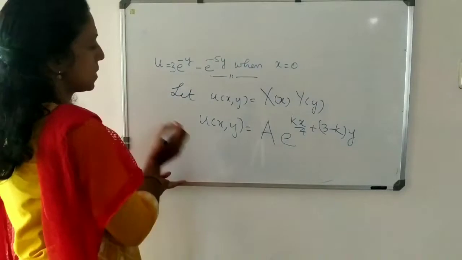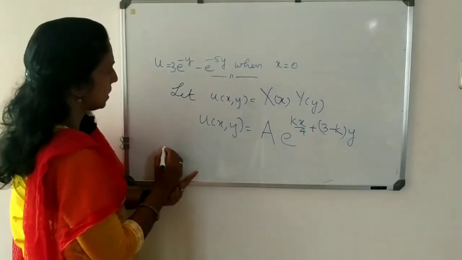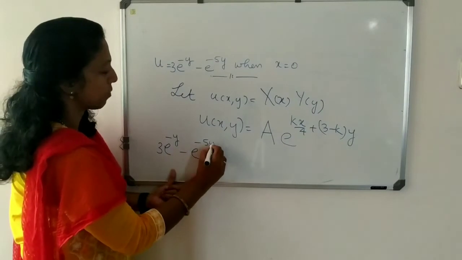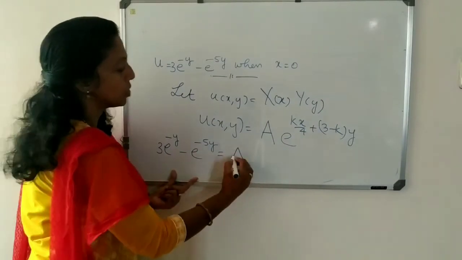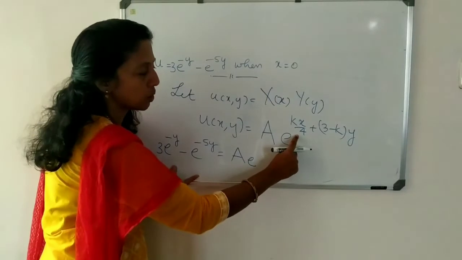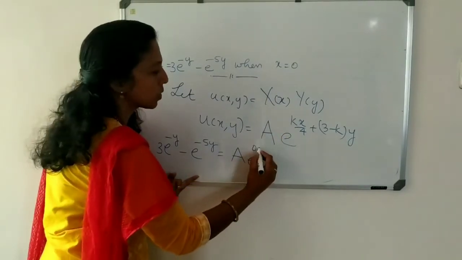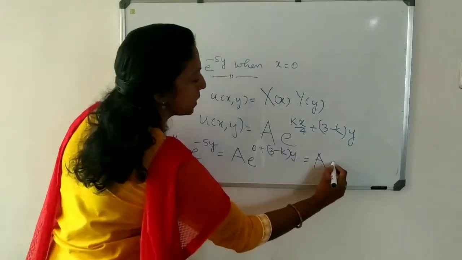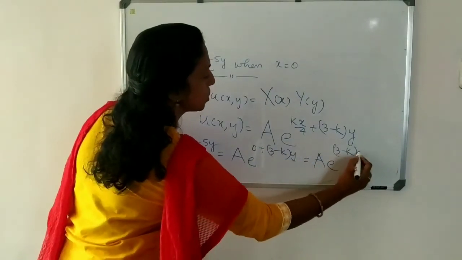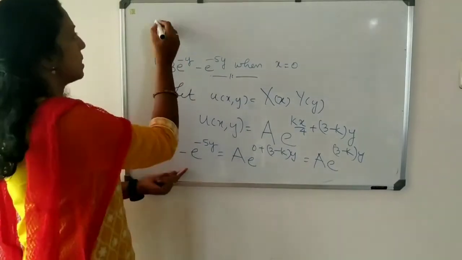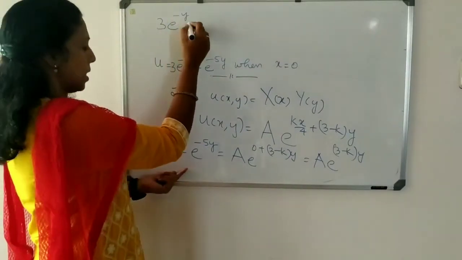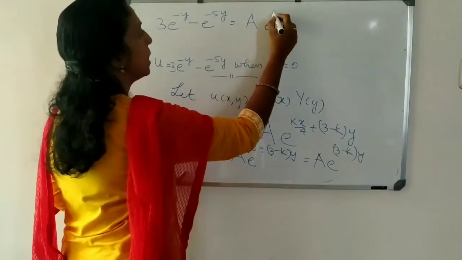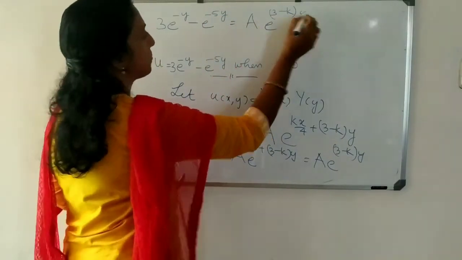Now when you do this, we get 3 e raised to minus y minus e raised to minus 5y equal to A into e raised to, when you put x equal to 0, this becomes 0 plus 3 minus k into y, or that is A into e raised to 3 minus k into y.